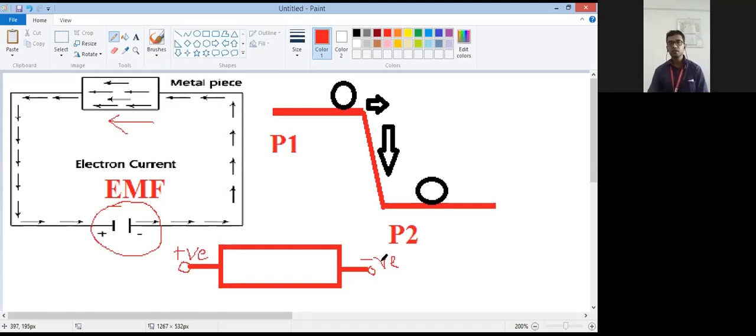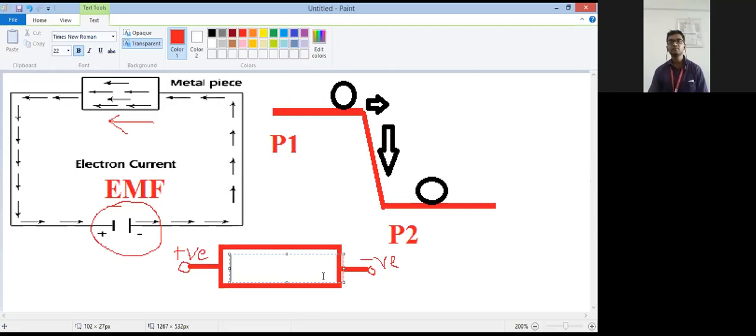Getting? So electrons are at the negative terminal, which is full of electrons, which has many electrons, and the positive terminal is oppositely charged. So this attraction takes place between opposite charges, and then electrons start flowing through this potential difference.